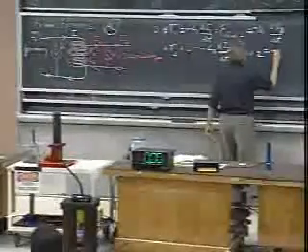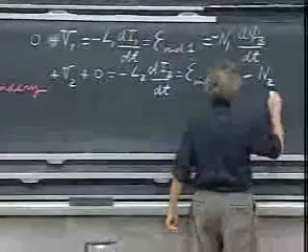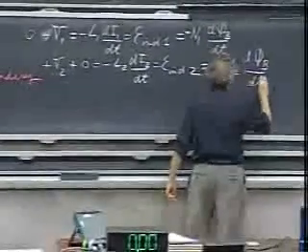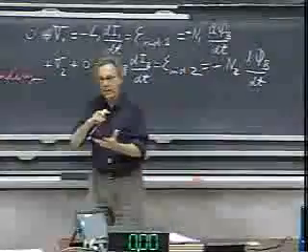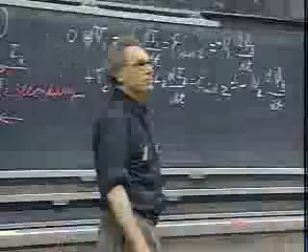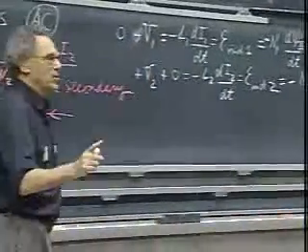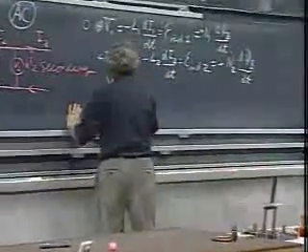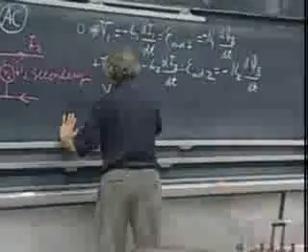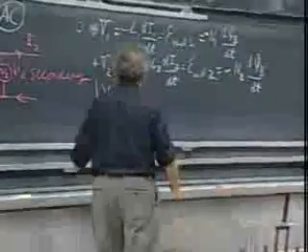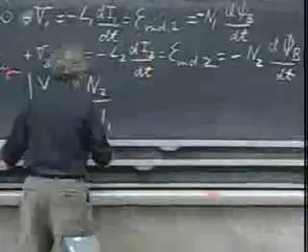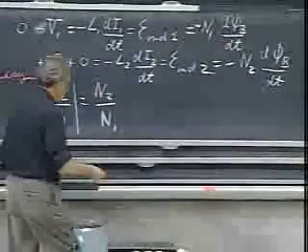And so in the secondary, I have N2 times the same d phi b dt if I have perfect magnetic coupling between the two loops, which is not always the case. And so now you see that I have that V2 over V1, if I take the magnitude, is now simply N2 over N1. That is an amazing result.